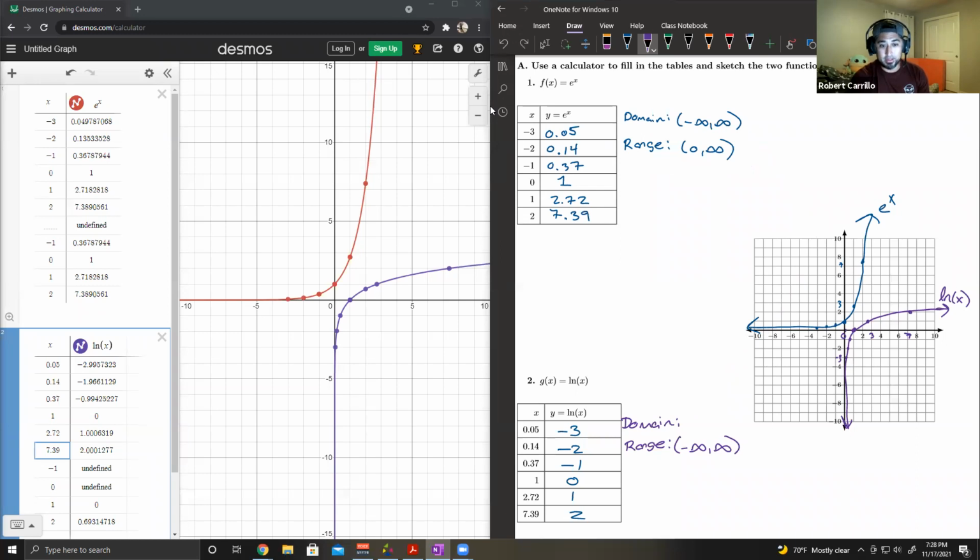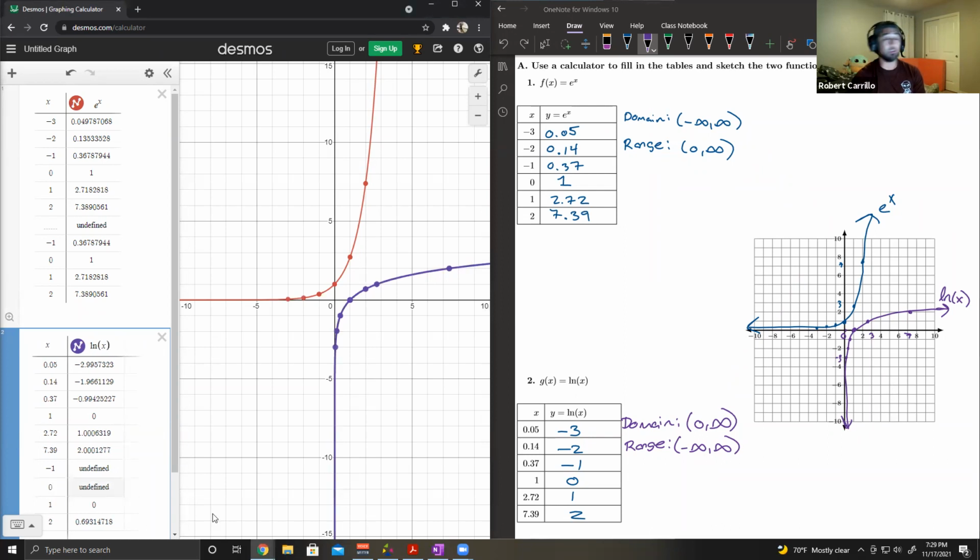So this is now 0 to infinity. And you can see that by the graphs. The natural log will never, ever touch 0. And if you look at my chart in Desmos, if you type 0 into the natural log, you get undefined. So you can never, ever take the natural log of 0. So here's a good example where you get to see the x and y switch places, and you also see the domain and range switch places.